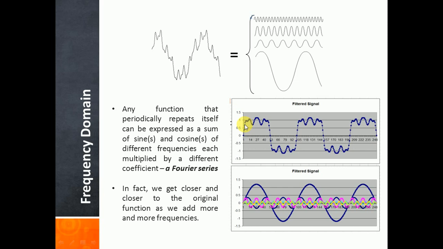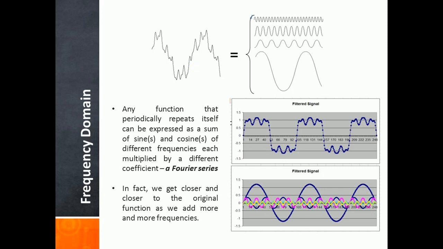This case, for instance, is a periodic signal. Now, if I sum up this green, yellow, pink, and blue, all these different frequencies, all these signals, if I superimpose them on one another, they will start looking like this signal.